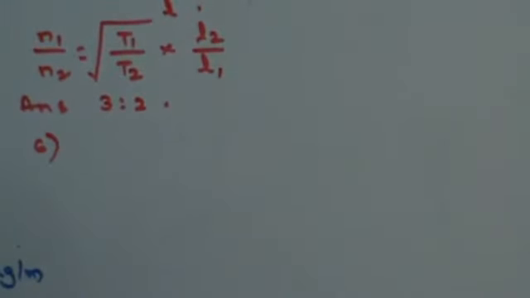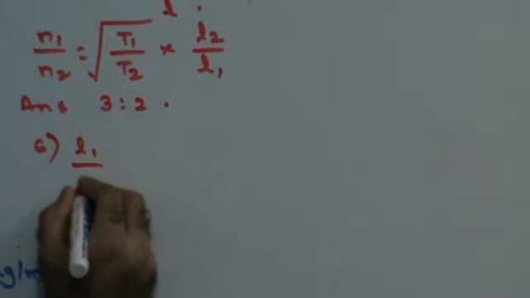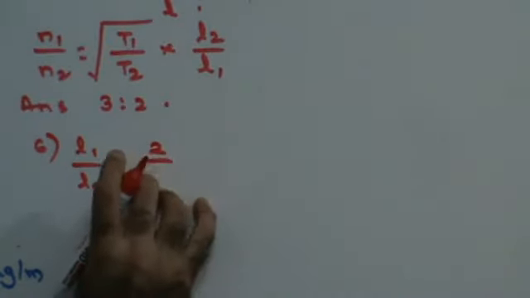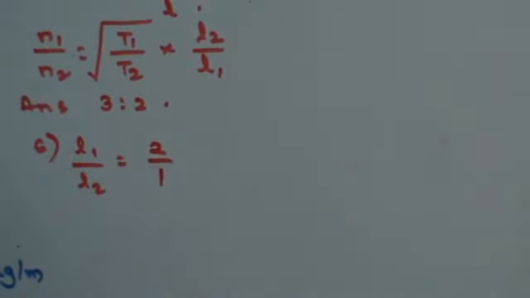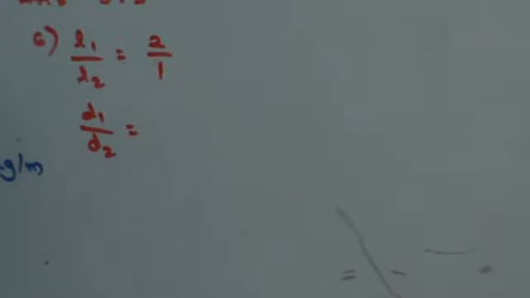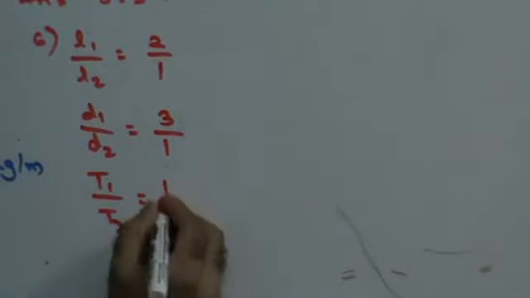Two wires of the same material have their lengths in the ratio of 2:1, their diameter in the ratio of 3:1, and tension in the ratio of 1:4.